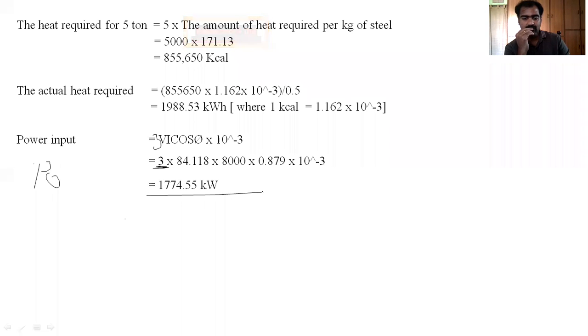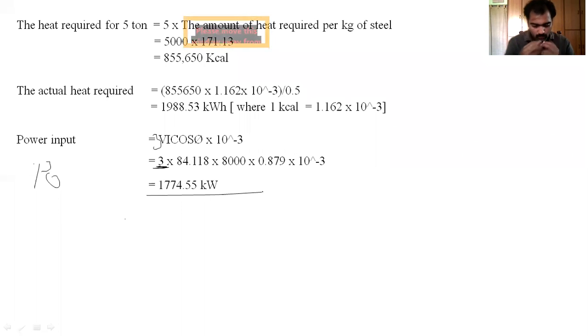By employing this indirect arc heating method, we have calculated how much heat is required to melt the total amount of material, that is 5 ton. But to calculate the efficiency, we also have to consider how much time is required to produce that much heat to melt the 5 ton of steel.